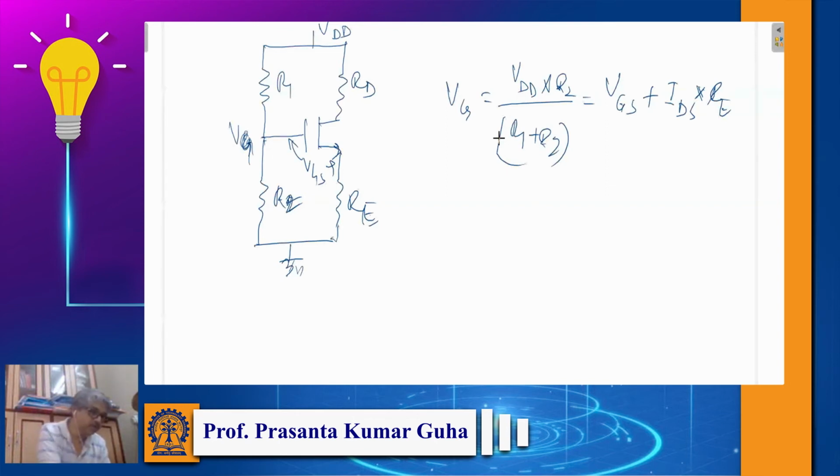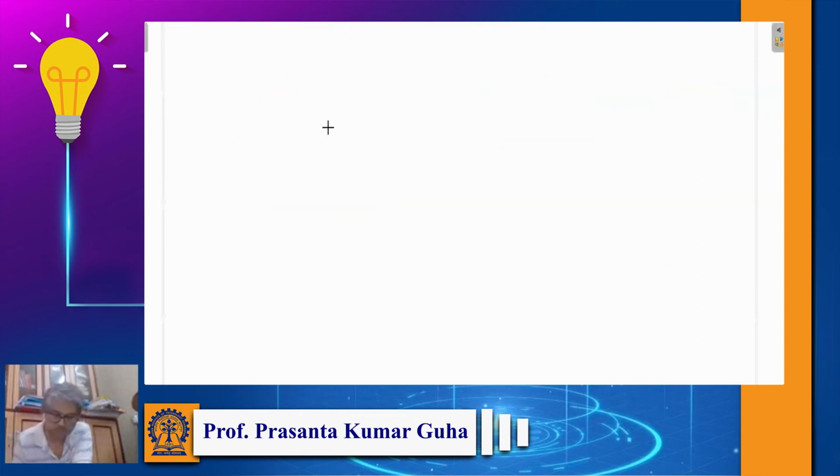Let's go through some of the other configurations. For example, we can have this particular configuration in MOSFET where the MOSFET gate and drain are shorted.